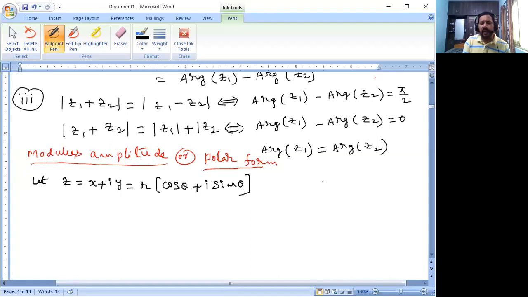How to find r value and theta value? We already know this coordinate system. A complex number x plus iy is represented as a coordinate point P(x, y). This is the x-axis, this is the y-axis, and finally this is the Argand plane. Now draw the line perpendicular to the x-axis.